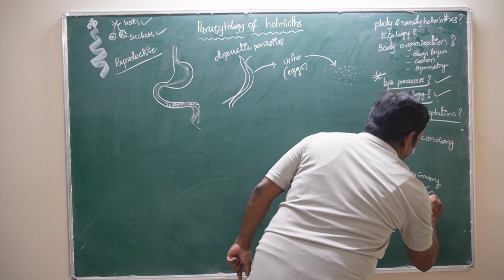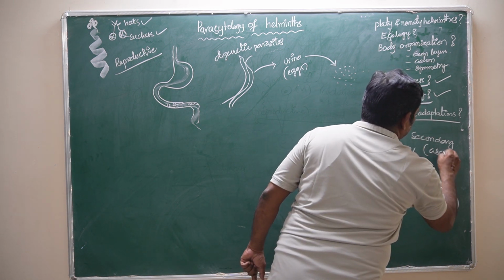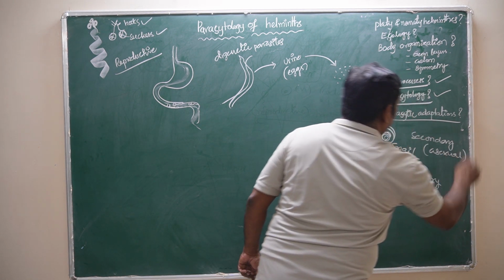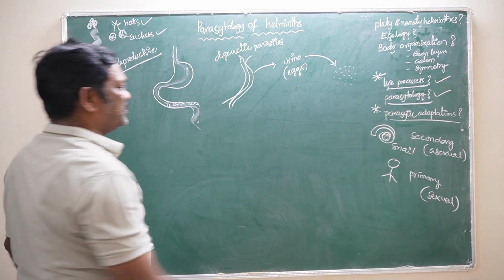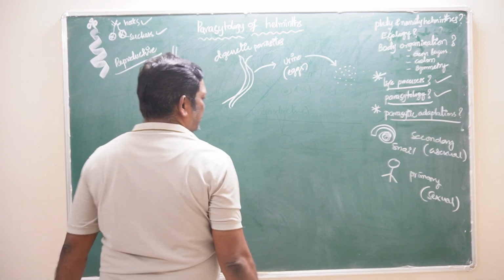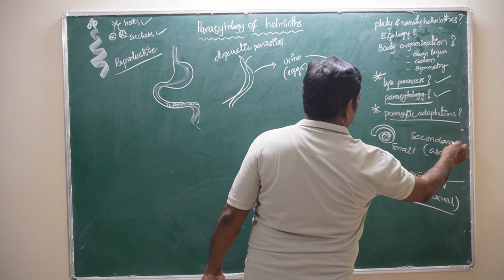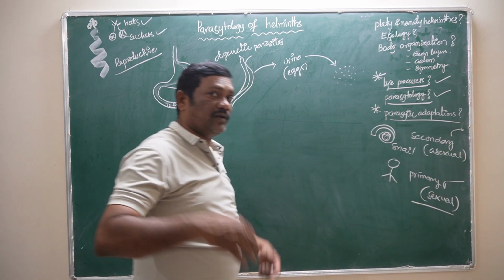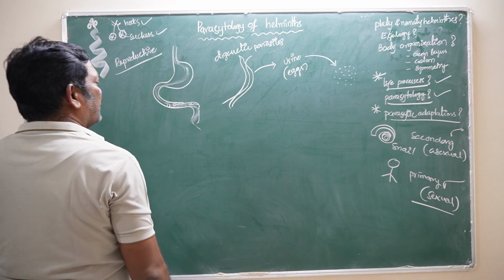Primary host means sexual reproduction takes place. Secondary host means asexual reproduction or no reproduction takes place in this animal, or only embryonic development takes place. If sexual reproduction takes place, that is called the primary host. In the secondary host, asexual reproduction may take place or only embryonic development goes on.